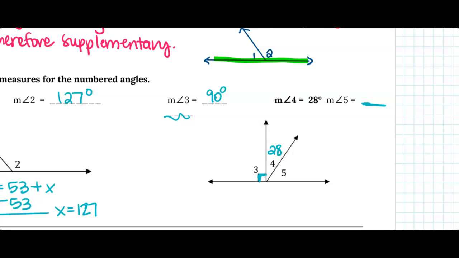Since angle 4 is 28 degrees, then we can either do 90 plus 28 plus x is equal to 180, or we can do 28 plus x is equal to 90. Because if angle 3 is 90 degrees, then the combo of 4 and 5 has to be 90 degrees, since 90 plus 90 would make 180. So that would give us that x is equal to 62. So the measure of angle 5 is 62 degrees.